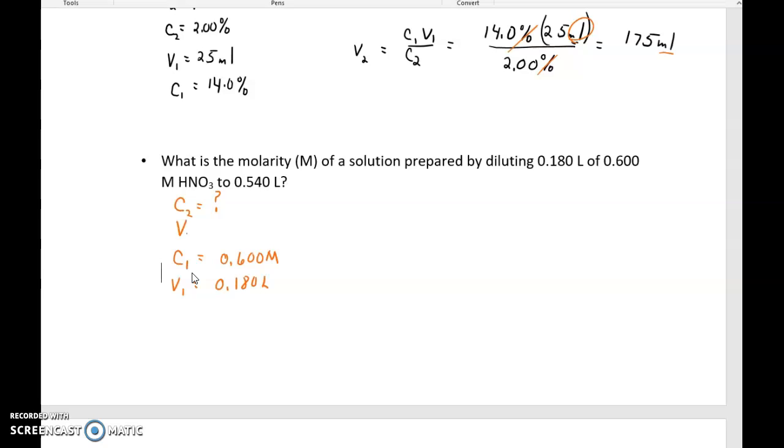The final volume is going to be 0.54 liters. So this one's a little bit confused because we've got, this is what we're diluting. So that's our initial, and this is our final.